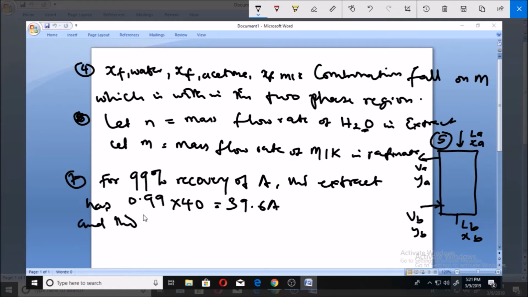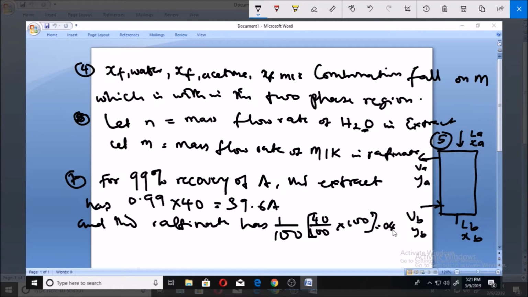and the raffinate has 1. Since this one has 99%, is 99 over 100, so this one will be 1. 100 minus 99 is 1, so this one will be 1 over 100 into brackets 40 over 100 times 100, which will give us 0.4A.